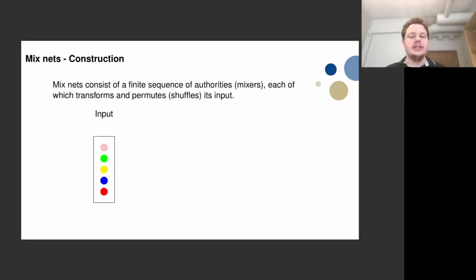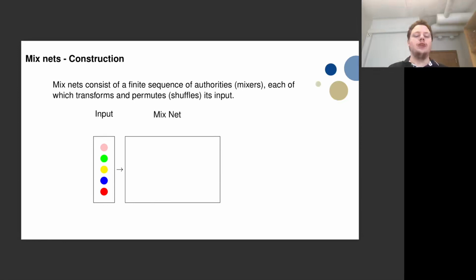A little bit on mixnets before I proceed. Mixnets are a collection of authorities that jointly work together to transform and permute the input. You have the input vector, and you can think of these as encrypted votes next to people's names. Obviously we don't want to just decrypt these votes because that would reveal how everybody voted. So we put them in the mixnet, they get all permuted, and then they come out in some random order.